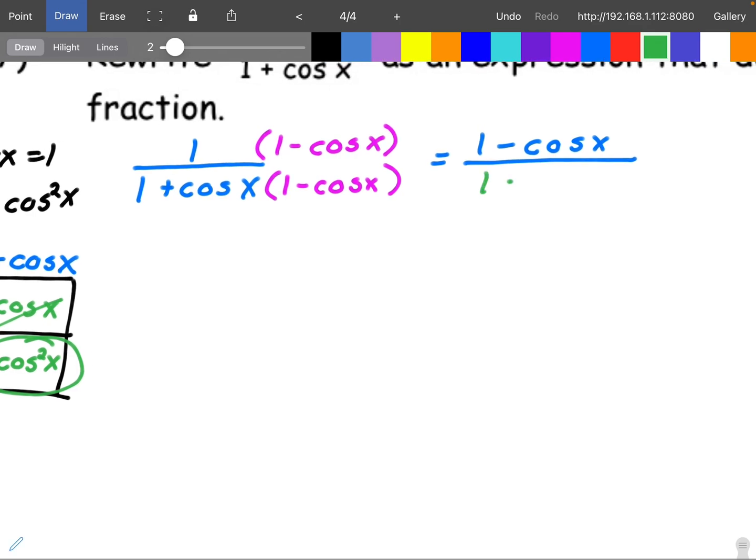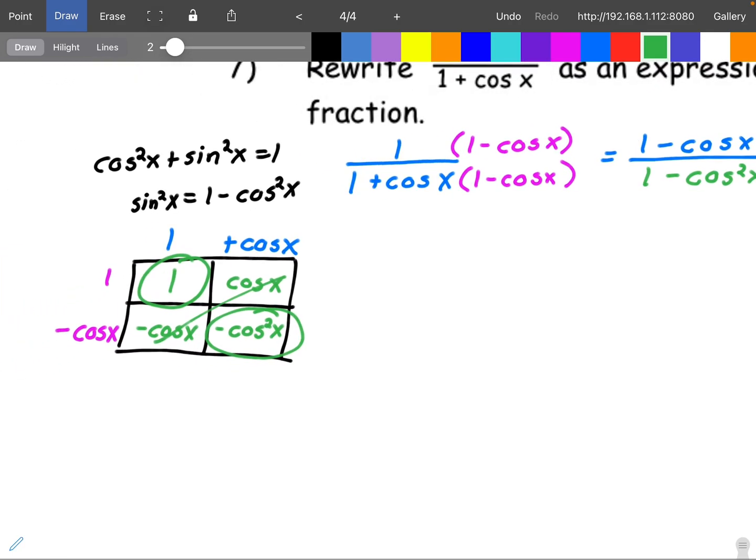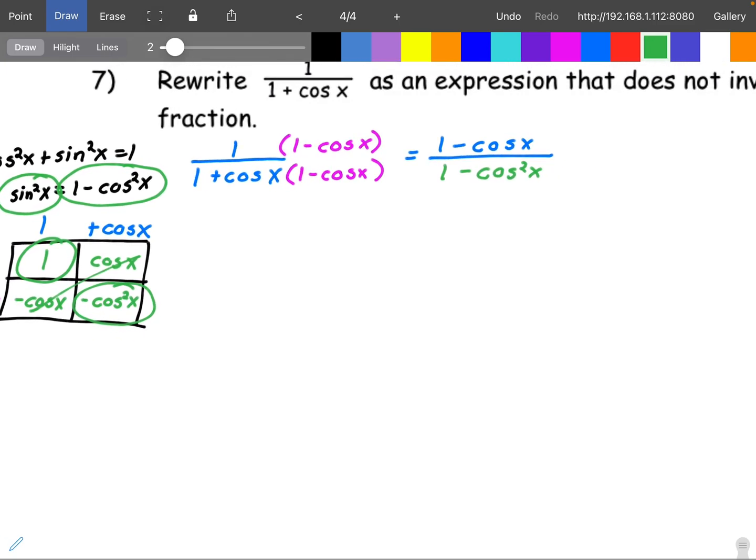So sure enough, that becomes 1 minus cosine squared x, which we know is the same thing as just sine squared x. So that's the next thing that we want to do with that. We want to take that 1 minus cosine x, and then that 1 minus cosine squared x is going to become just sine squared x.